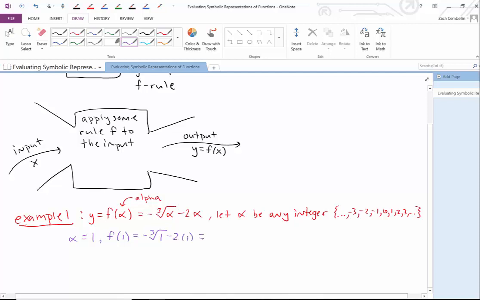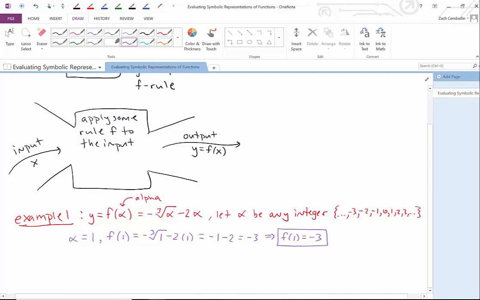The cube root of 1 is 1, since 1 times 1 times 1 is 1. So we got negative 1, and then minus a 2. 2 times 1 is 2. Negative 1 minus 2 is negative 3. So we get that f of 1 here is negative 3. So there's one specific output for the input of 1.